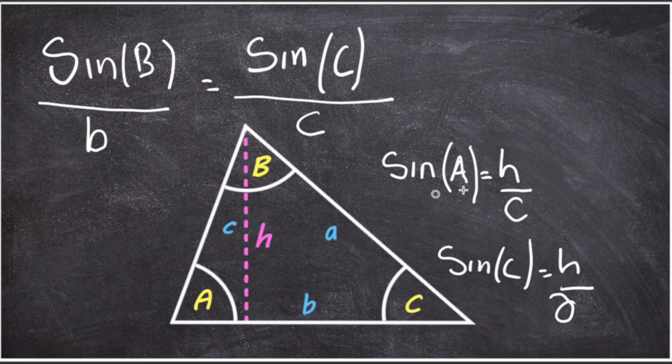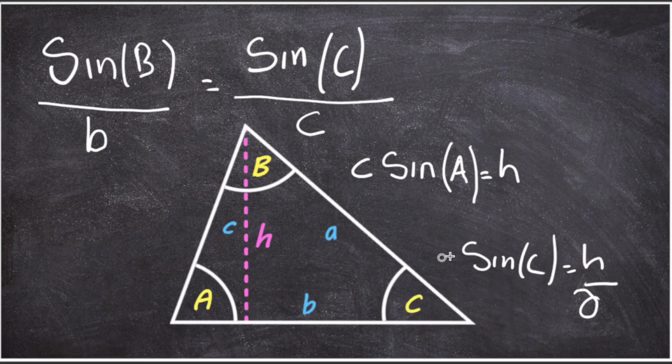If in the equation that contains sine of A we multiply both sides by c, we get that c sine A equals h over c times c. But the c's on the right hand side cancel, and that leaves us that c times sine of A equals h. And if we do the same thing for the equation that contains sine of C, we can multiply both sides of the equation by a.